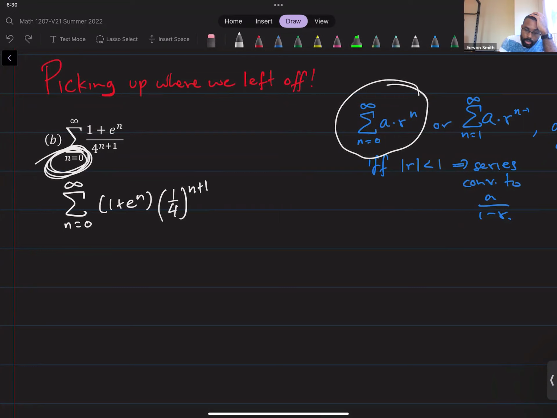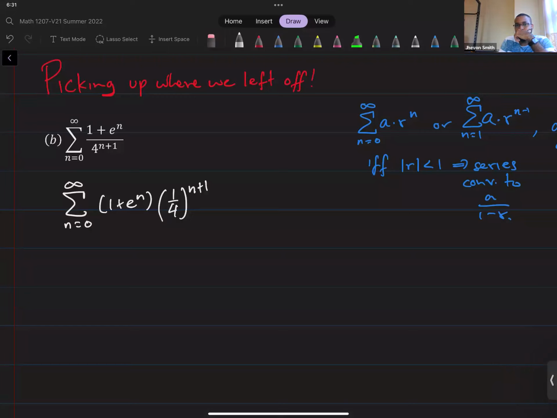How would you deal with that? Any ideas?